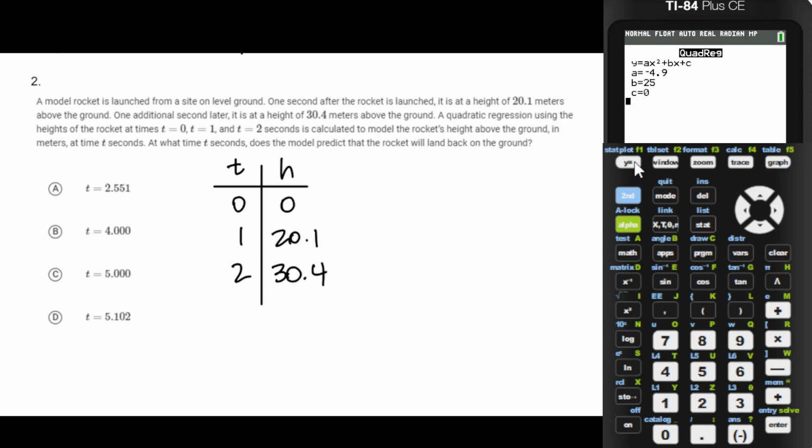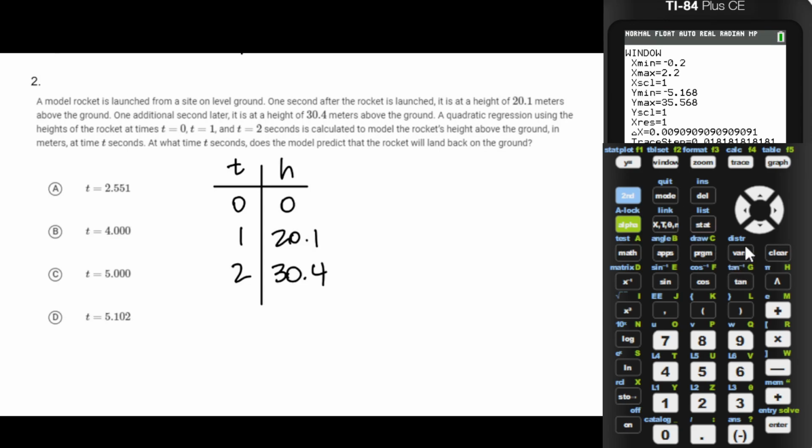I'm going to go to y equals. I doubt I have the stat plot turned on, so I'm going to turn on plot 1 and zoom to the stats. It's okay, it'll be all right. I am going to need to zoom way out on the x level.